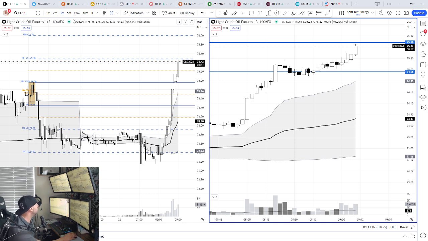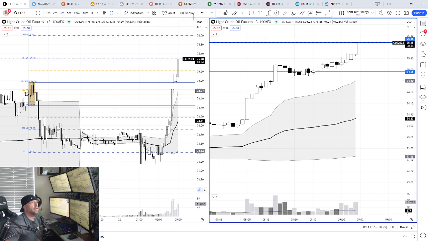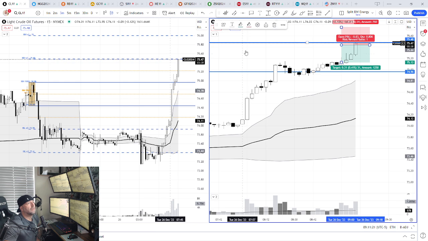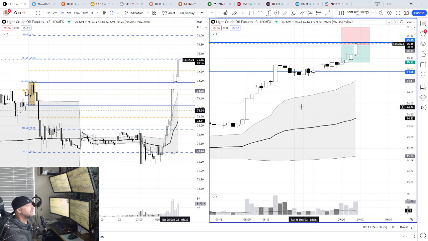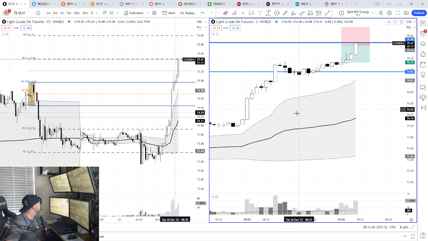All right, I took one contract here. You got room to add. I would like to see this area hold. That was a nice big push up. So I'm short at 44. Grab the second contract.